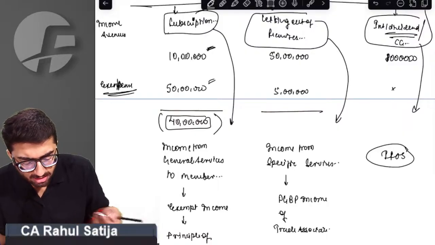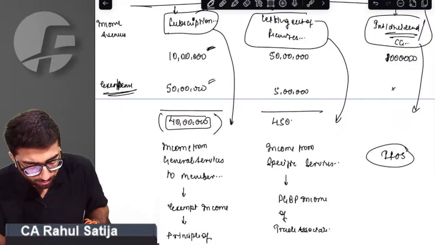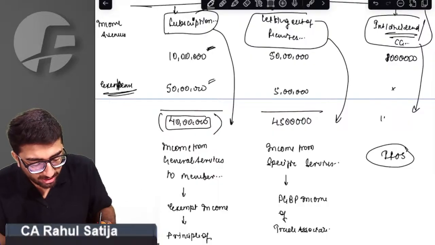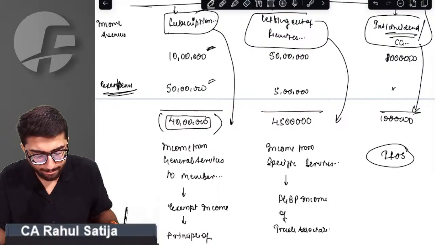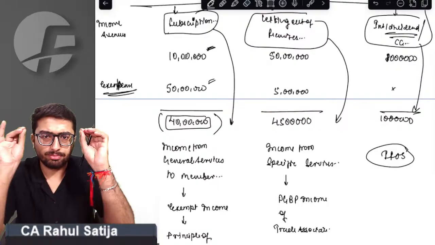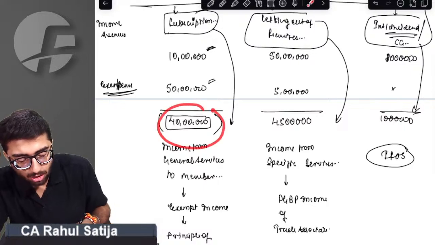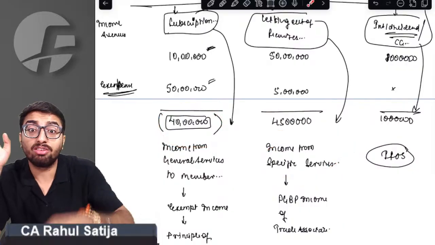For PGBP income from letting out of services, they are having profit of 45 lakh. For IFOS income, they are having profit of 10 lakh. My question to all of you is, can I set off this loss from this PGBP income or from this dividend income?